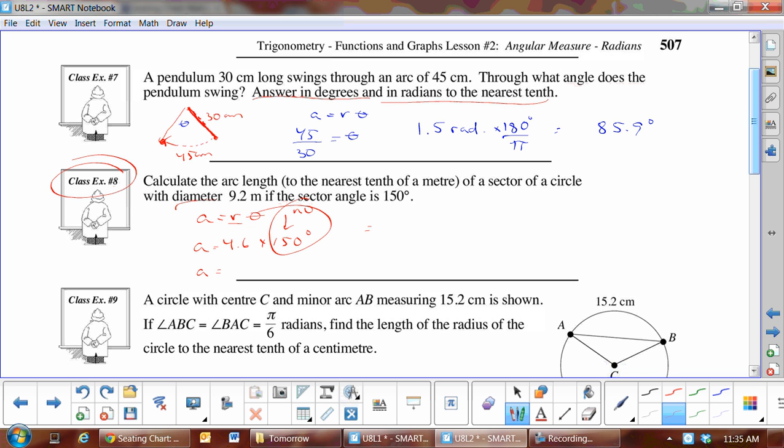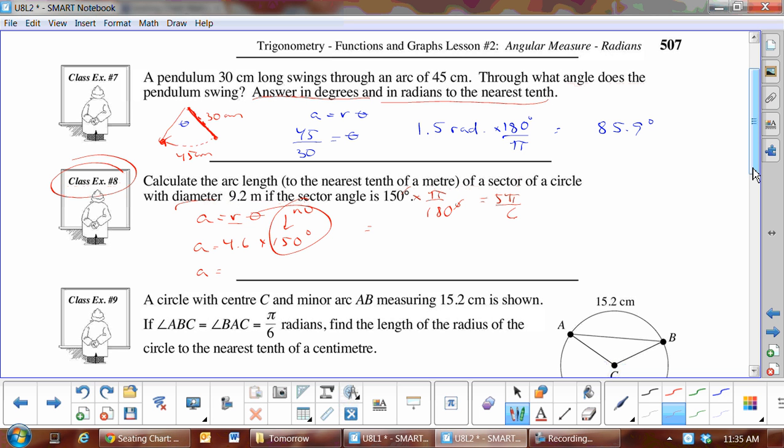Always remember to put radians in there, and then it's not so bad. How do I put radians in there? I take 150 and I multiply by pi over 180, because the degrees will cancel. That's how I remember. And you actually get 5 pi over 6. And all I want to do right away is get that to a decimal, but never change anything to a decimal if you don't have to, because you're losing information, and you can get the wrong answer from that.